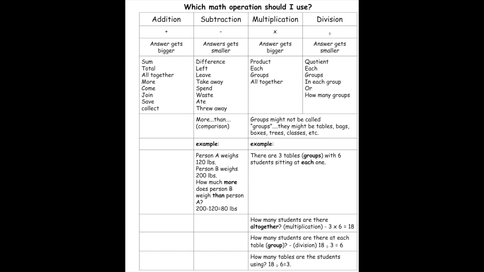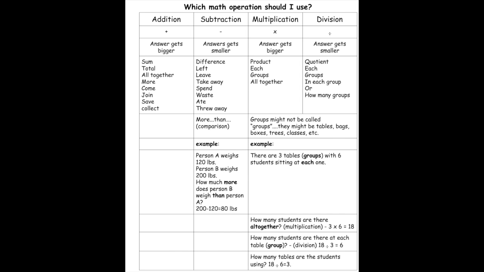The answer gets smaller. But again, the clue between subtraction and division is in division also, you'll see the words each or groups. If you see the word each or groups in a word problem, you know that it has to either be multiplication or division. The thing you need to do is figure out which one.